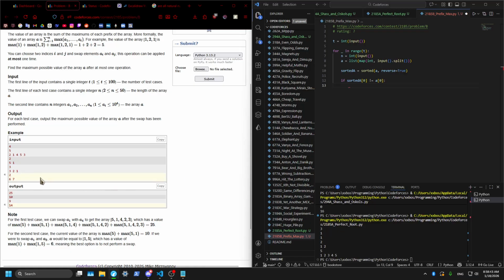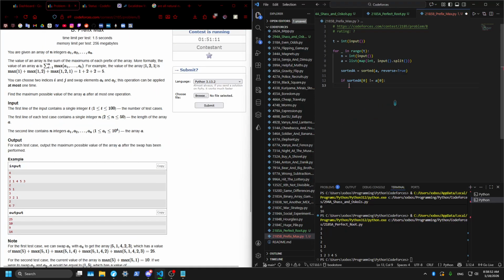No, because we have max. It's just the biggest number, and then n is for the length of the array, right?